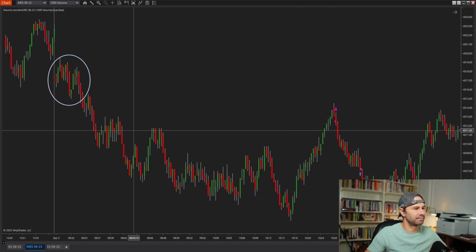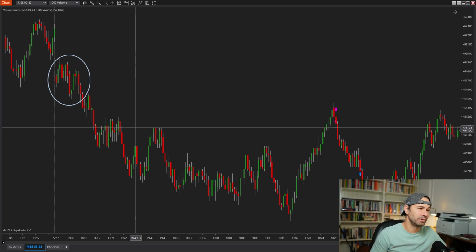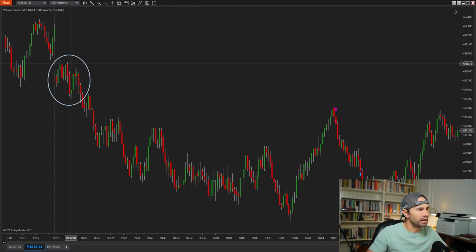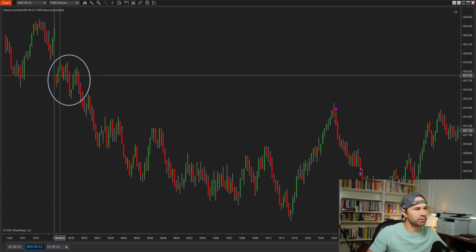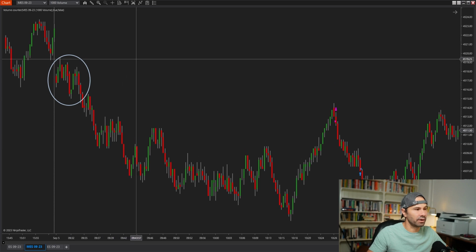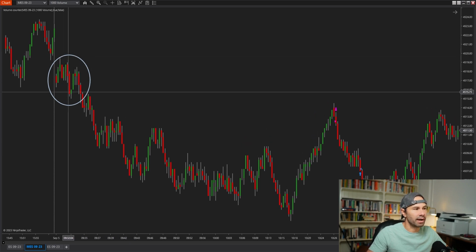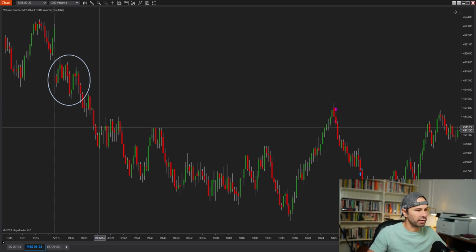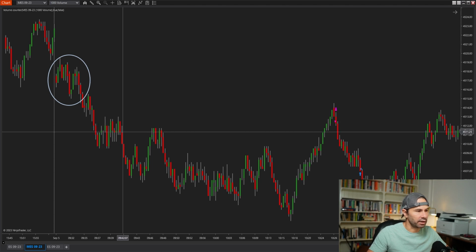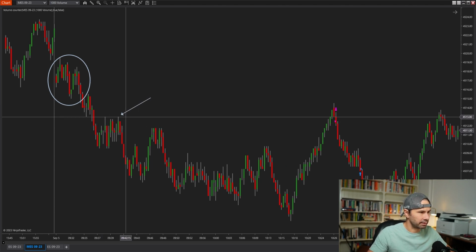So now I want to try to enter the trade where the majority of the stops are. Yes, I know probably a lot of stops are here, but it's unrealistic. If we don't have momentum to the upside, we won't have this in play. So I said, all right, here is a good entry point.